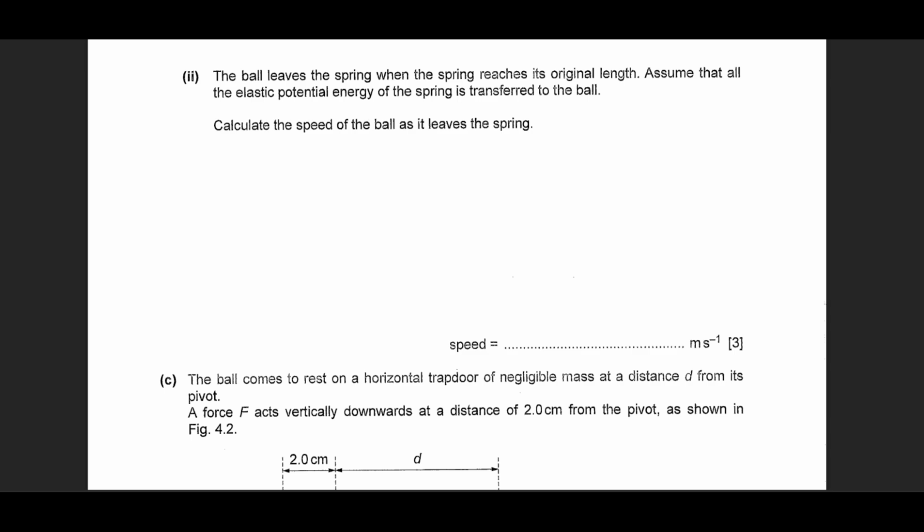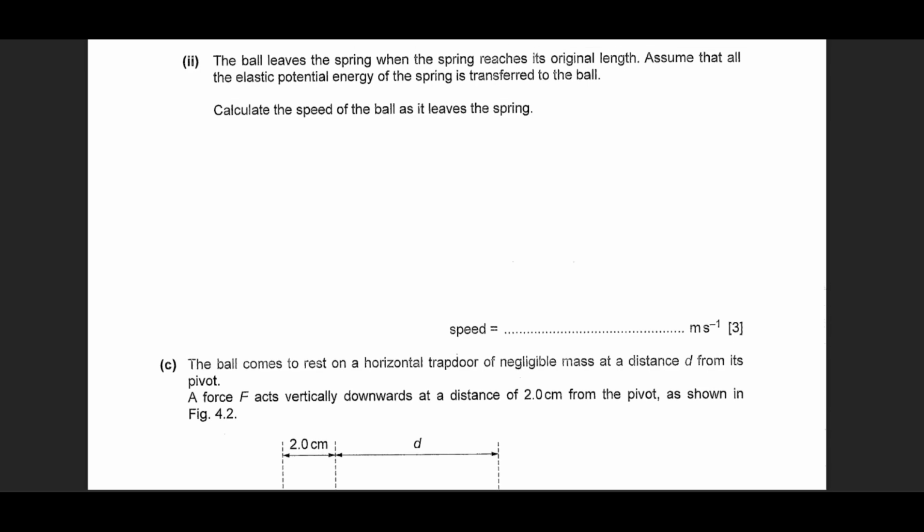Now, first we need to understand what's happening in terms of energy. What brought the energy into the system? What has consumed the energy, and where is the extra energy going to go?